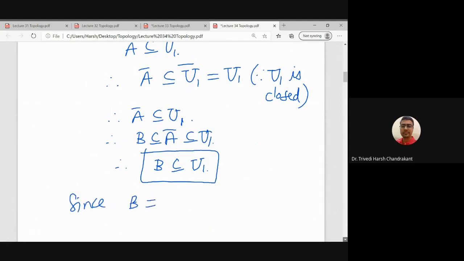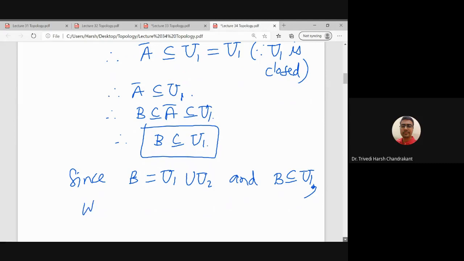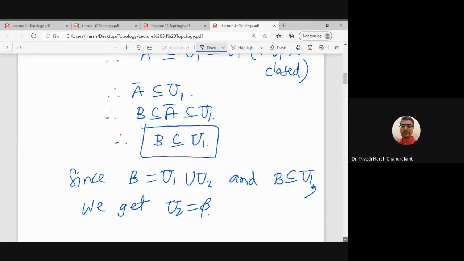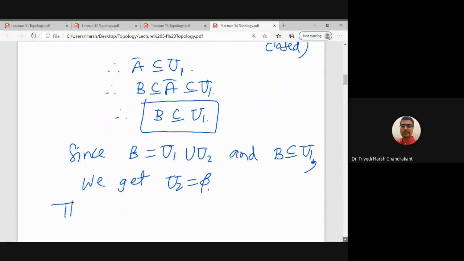Since B is equal to U1 union U2 and B is a subset of U1, if both things are true, we get that U2 is an empty set, right? Because if my set B is contained in one set whose union with the other set is that same set, then the second set is empty. But this is not possible because U1 union U2 is B, a separation of B. So this is a contradiction.